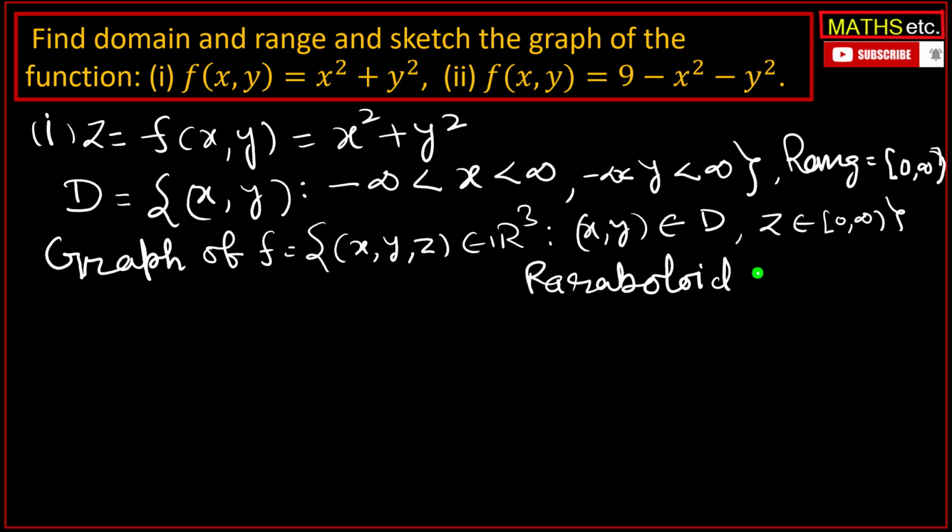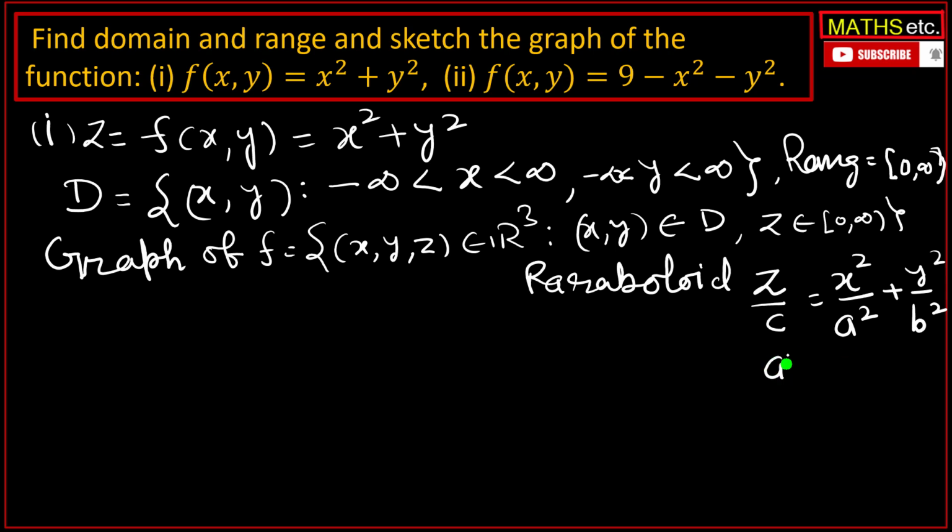Now any surface that can be written in this form, z over c equals x squared over a squared plus y squared over b squared, is the equation of a paraboloid in standard form, where a, b, c are constants.